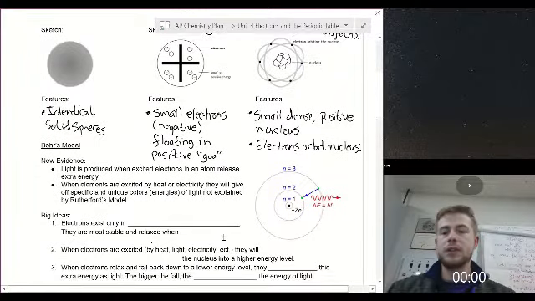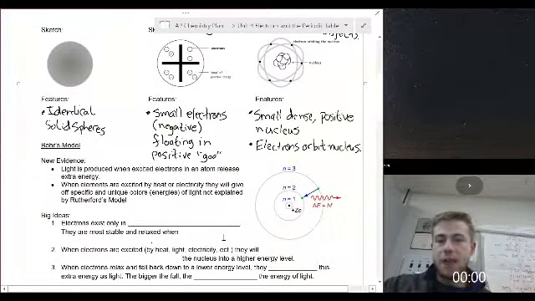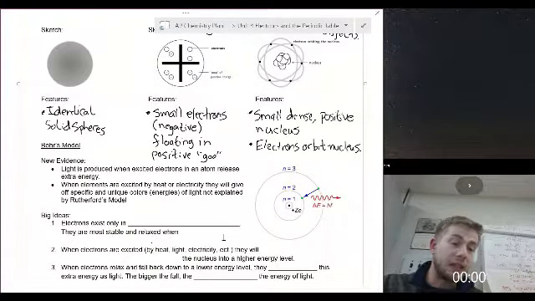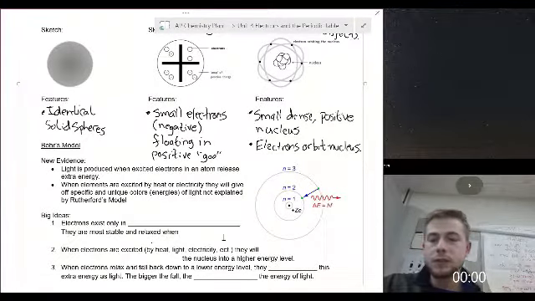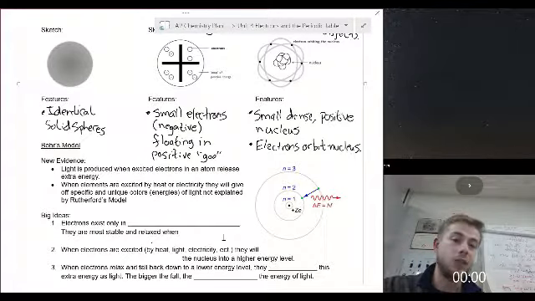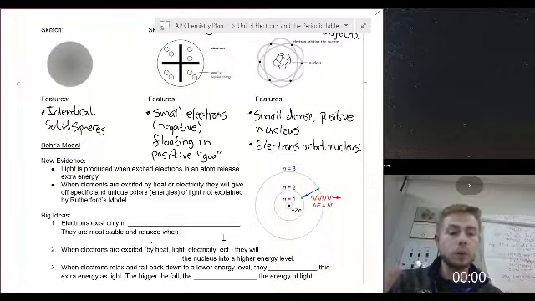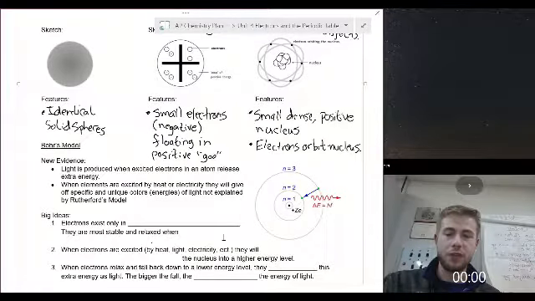Okay, welcome back. So as you saw, when those elements are excited, they produce very specific colors. And so Bohr added to the model of the atom, and this is called Bohr's model. Bohr's model makes a couple of additions to Rutherford's.